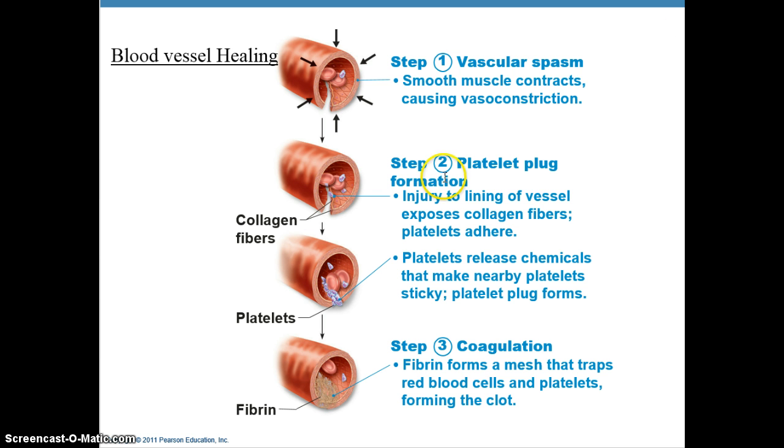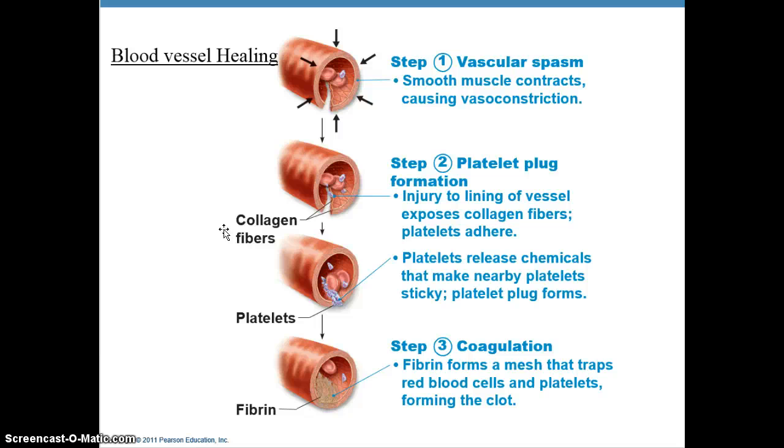Then the platelets are going to stick to the exposed connective tissue in the tunica media and tunica externa. They stick to that. They release platelet attracting factors, which attract other platelets, and you get the formation of a plug. You might remember this from AP1 as an example of positive feedback.